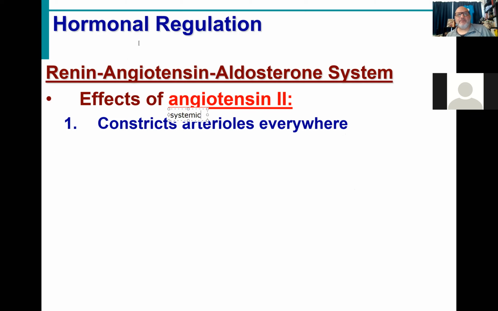Now, again, remember the trigger for this was a drop in either blood volume or pressure. So if our systemic arterioles constrict pretty much everywhere in the body, what effect is that going to have on our blood volume or our blood pressure?